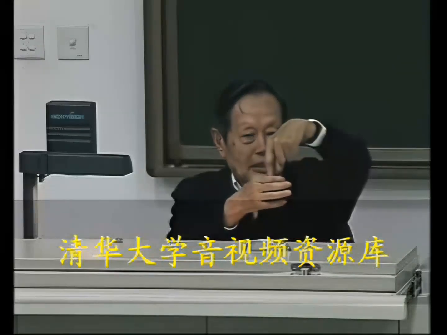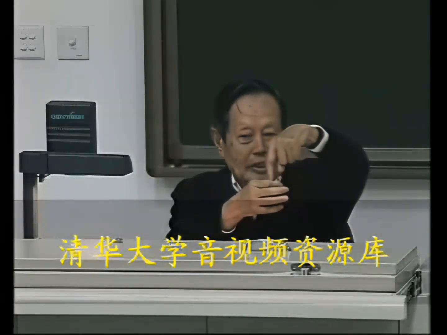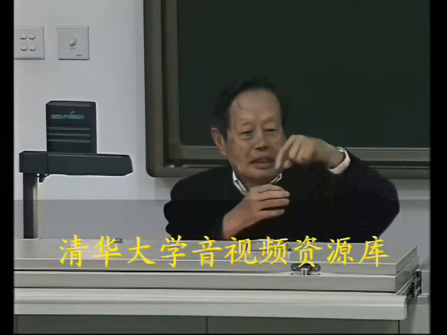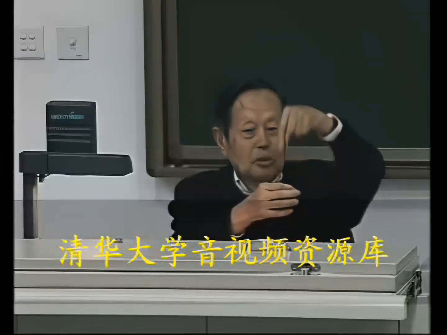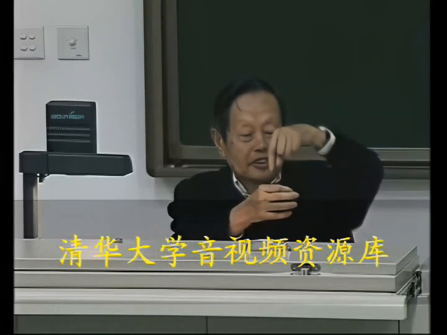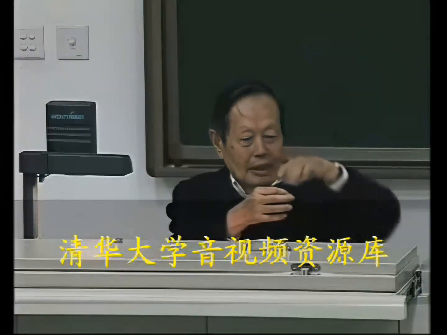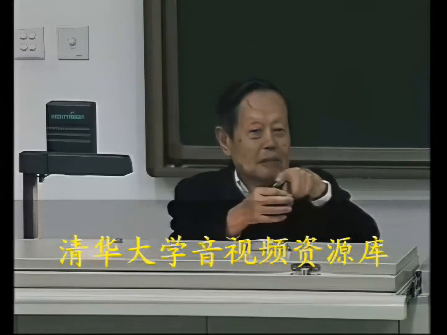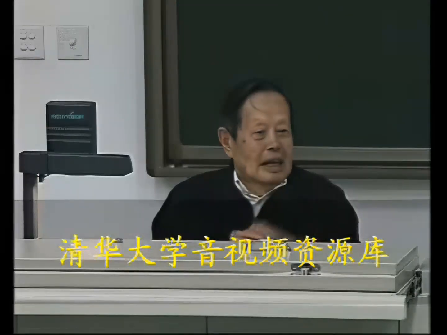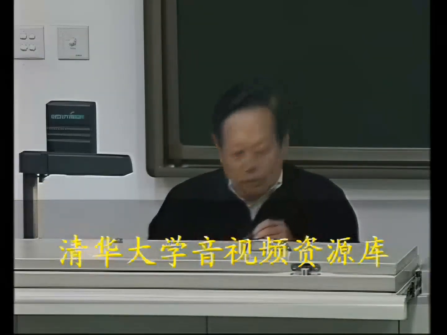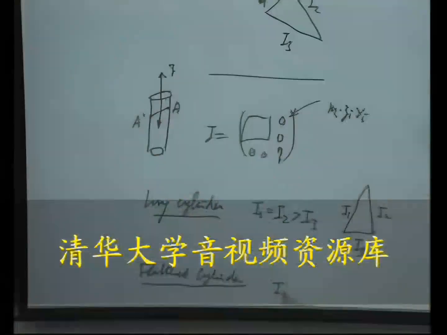I3 is this way. I claim it's equal to the summation of R squared, because it's x squared plus y squared. While I1 is the sum of x squared, I2 is the sum of y squared. So I3 is equal to I1 plus I2. Does everybody agree with this statement?